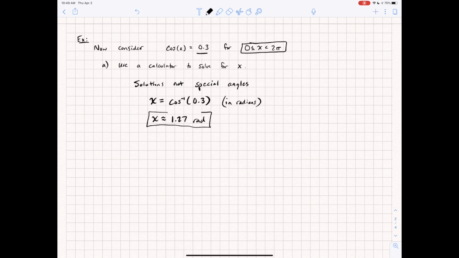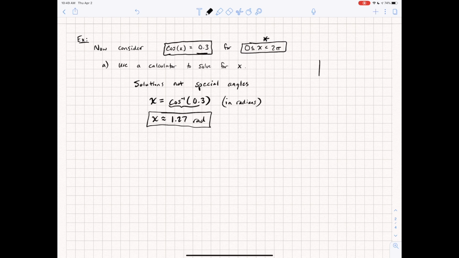Now, remember that this is only giving me one solution, specifically the solution that keeps me in the first quadrant, because inverse cosine can only put out one answer. But how many answers do I have in the unit circle when I'm solving initially for cosine of 0.3? There should be 2, right?